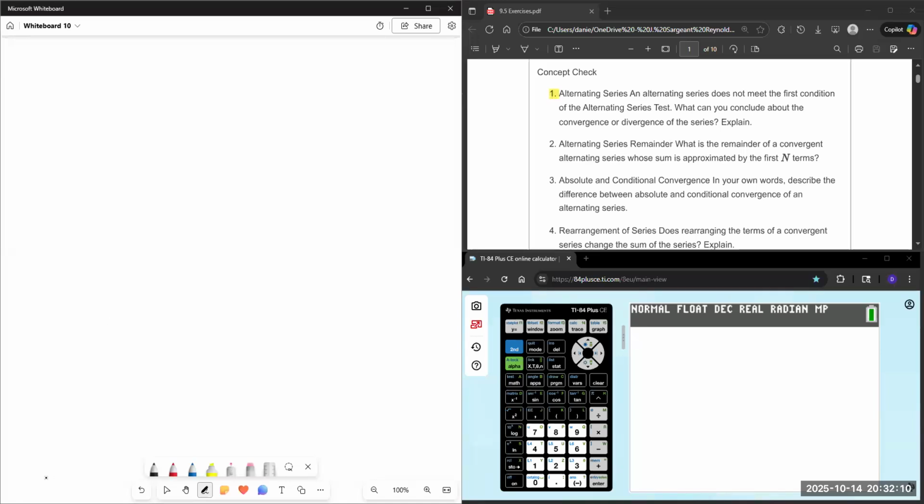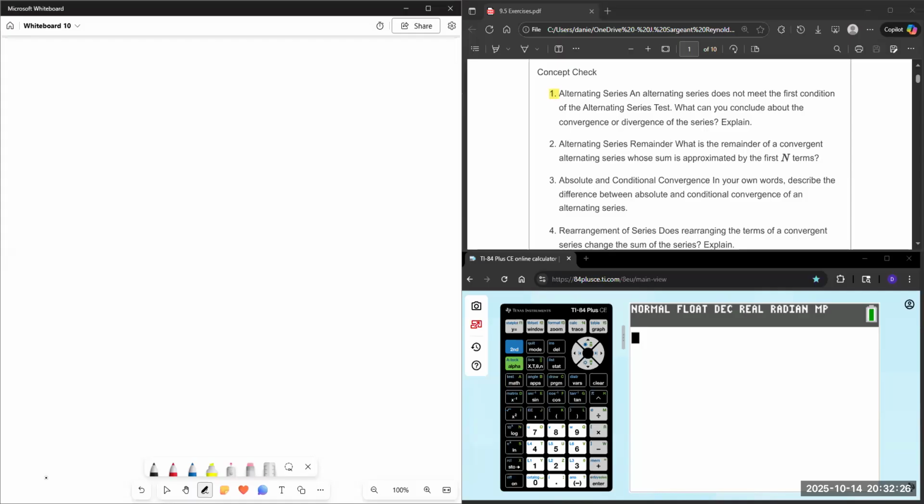Let's go ahead and look at our first question here for alternating series. An alternating series does not meet the first condition of the alternating series test. What can you conclude about the convergence or divergence of the series? And explain.